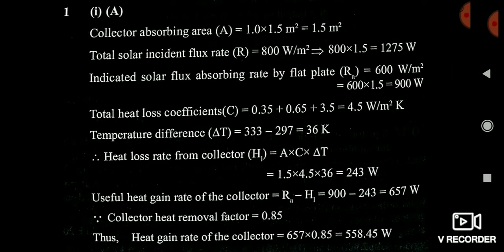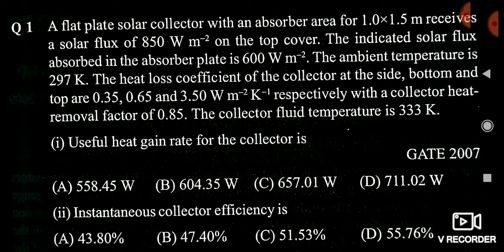Friends, you can clearly see here, calculate it one by one. Firstly calculate the area, because friends, here flux is given. I have told you flux is always given in some terms. Whenever flux is given, it means something divided by area.